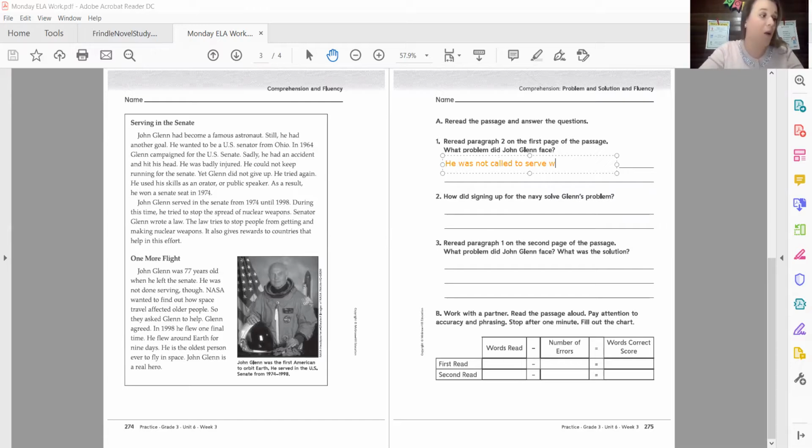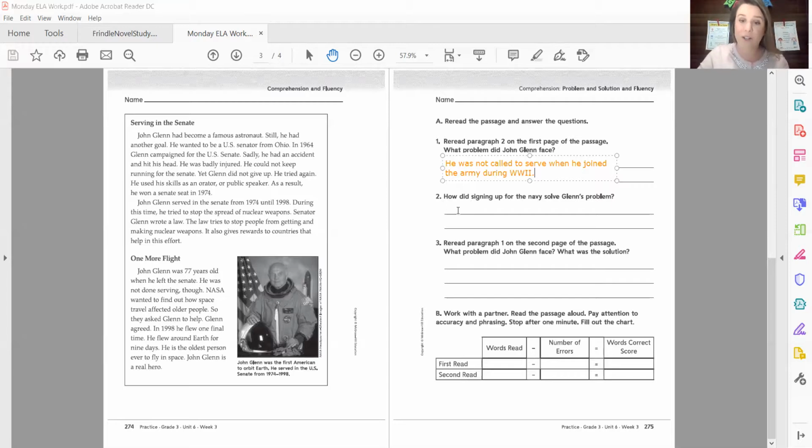That's what it said when he joined the Army during World War II. And if you notice, you can do WW and the Roman numerals for 2. And we learned those Roman numerals because of Charlotte's Web in class, guys. So WWII stands for World War II. All right, so that is the problem he had.